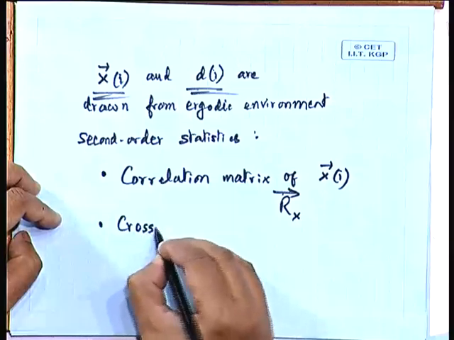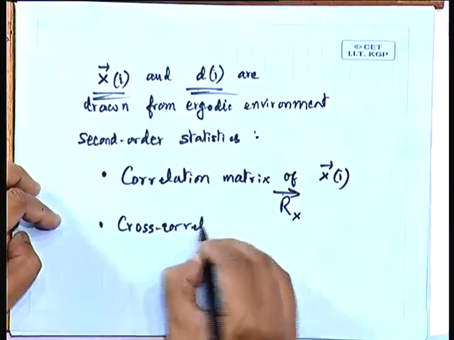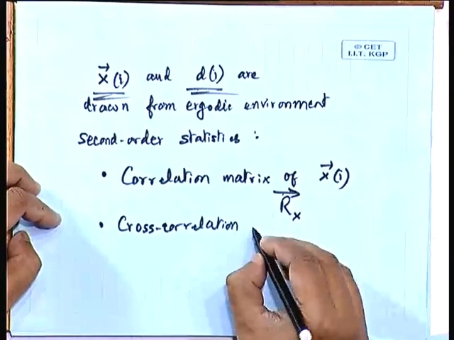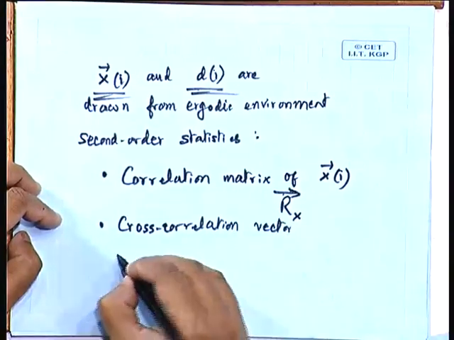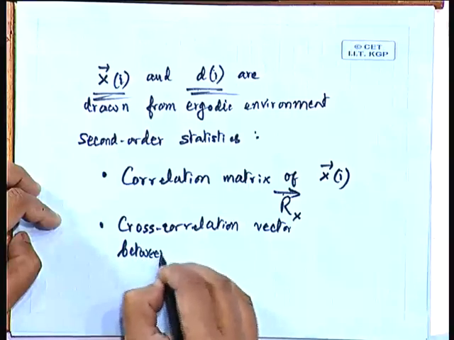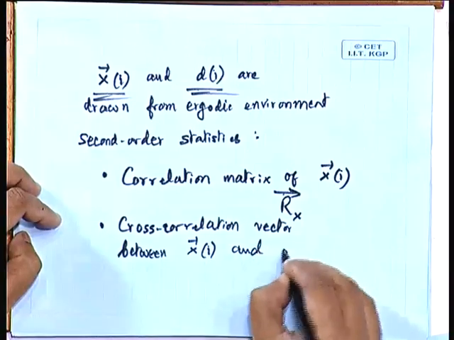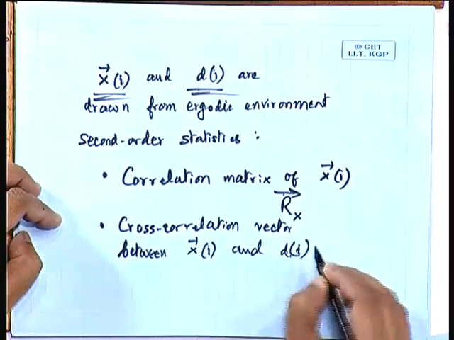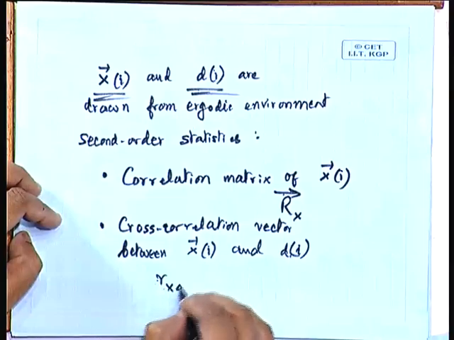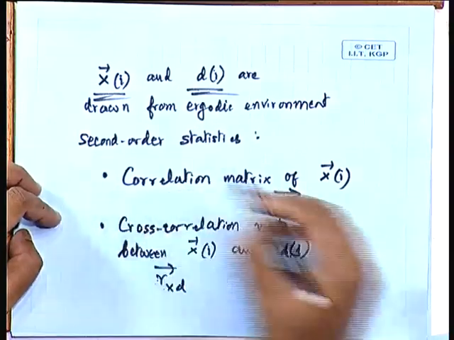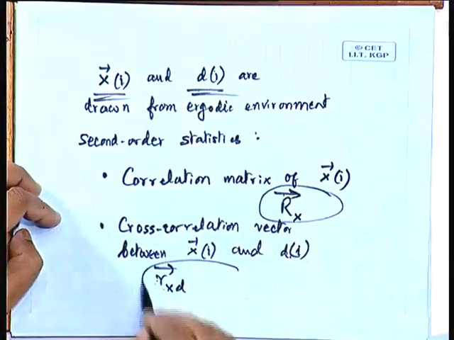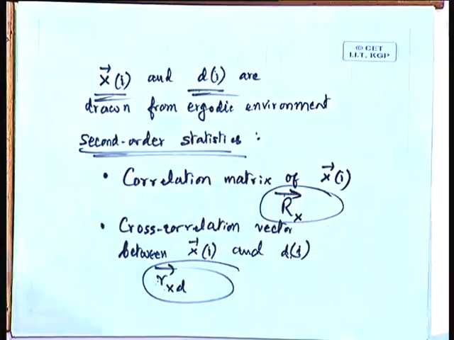So, this will be the cross correlation vector between xi and di, and this will be denoted by rxd. These two quantities define the second order statistics.